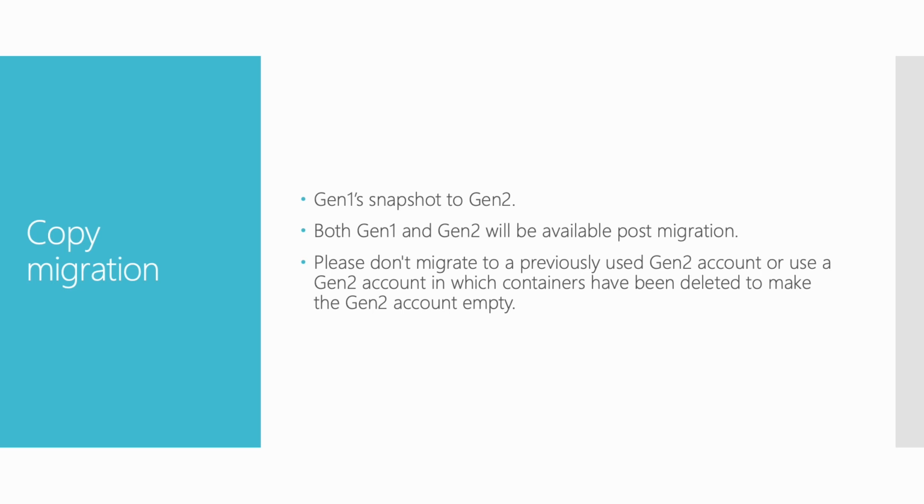If you would like to choose between copy migration versus complete migration, here are some of the ideas. You could use copy migration to do migration once, and you would have business continuity for your Gen1 account, because after migration is done, the Gen1 account stays as is and business goes on as on the Gen1 account.